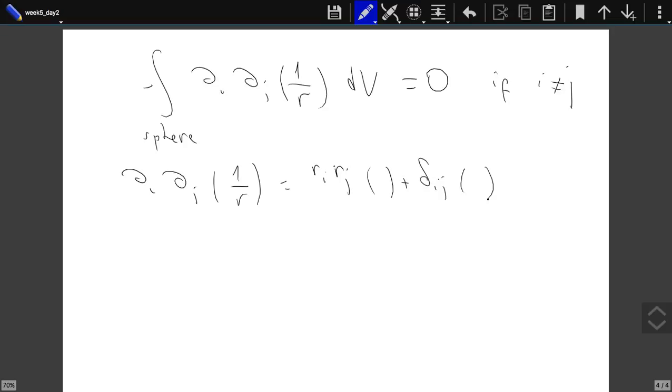If I is different than j, let's say I is the x component, and j is the y component, just for a particular example. There I have the product of x times y. Well, the product of x times y is an odd function of x. That factor multiplying x times y is a function of r, which is an even function. So this derivative is an odd function of x. I'm integrating over a sphere, which is an even range of x.